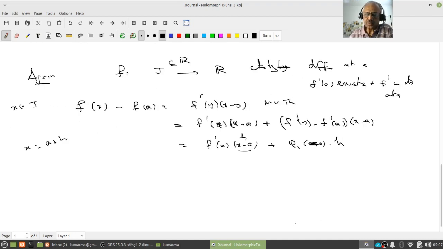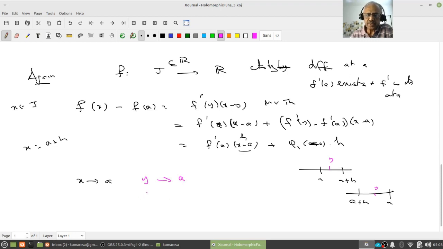Because I assume f is continuously differentiable, as x tends to a, remember, y lies between a and a plus h, so y has to be somewhere here. Therefore as x tends to a, y also tends to a.